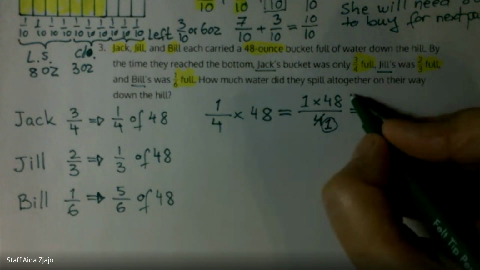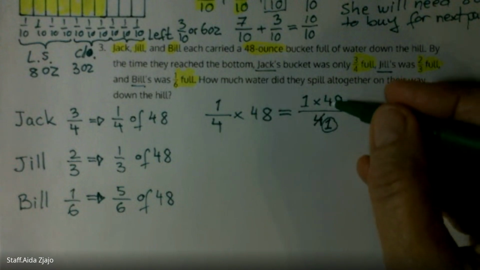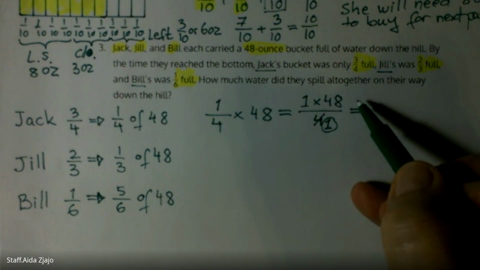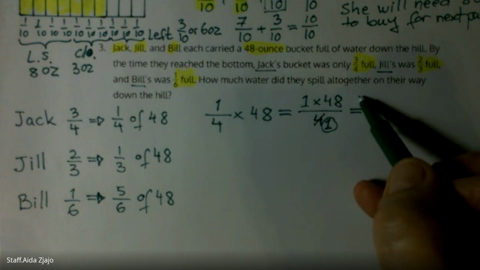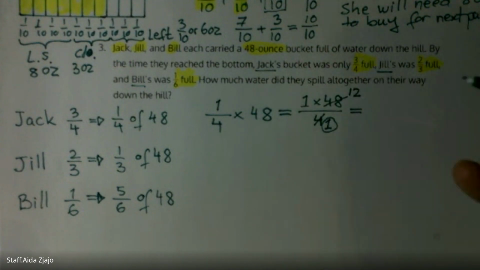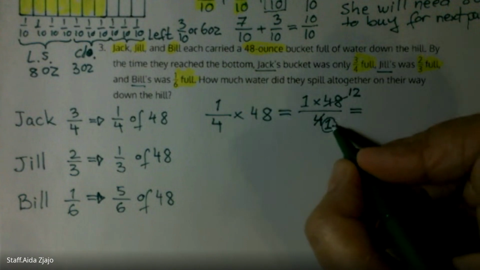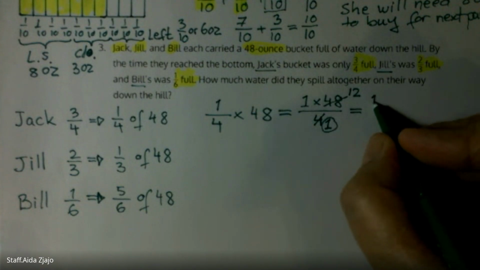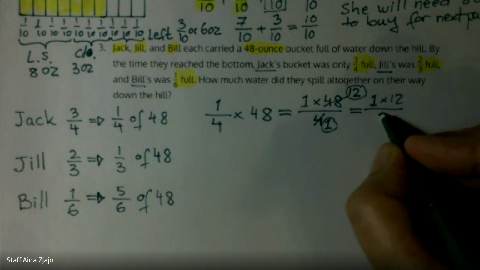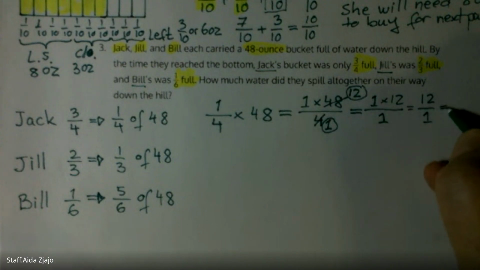And then 48 divided by 4: if you think of this as 40 and 8, 40 divided by 4 is 10, and 8 divided by 4 is 2. So 48 divided by 4 has to be 12. So finally, you get 1 times 12, divided by 1. When we simplify, 12 divided by 1 equals 12.